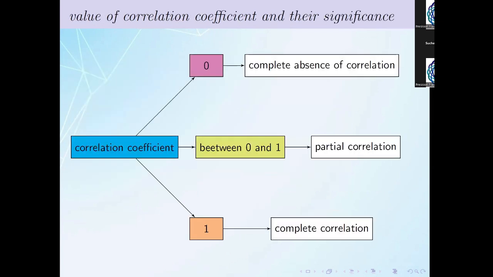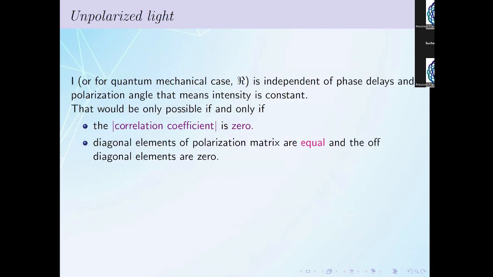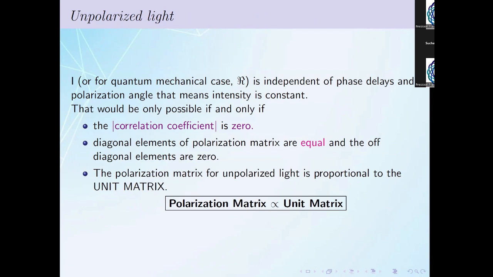When the correlation coefficient is 0, it means a complete absence of correlation, when it is 1, it has complete correlation, and when it lies between 0 and 1, it has partial correlation. Now, consider unpolarized light.